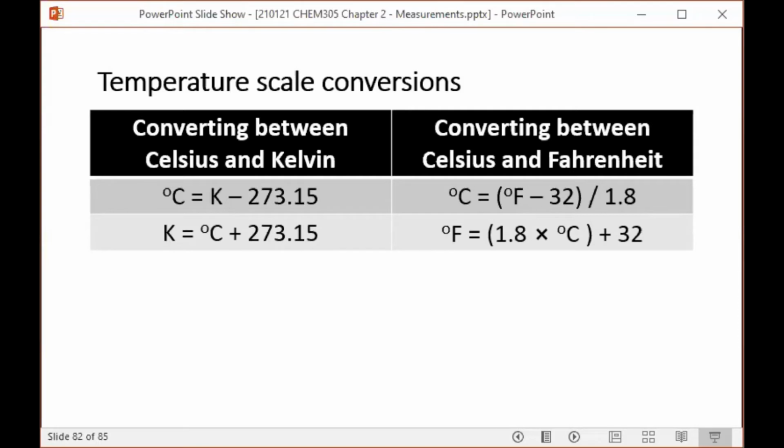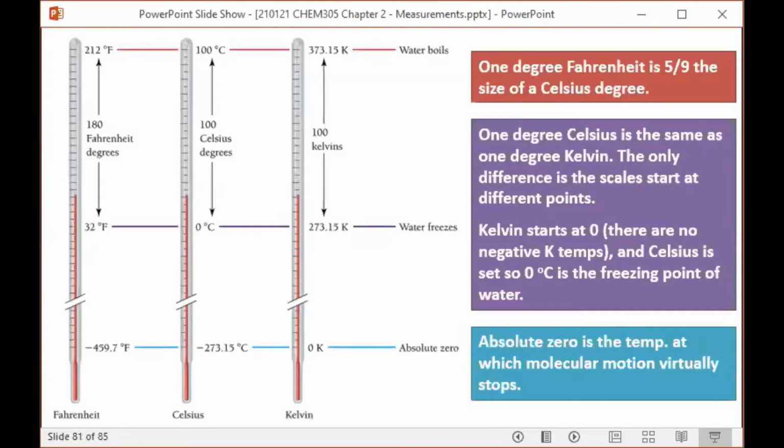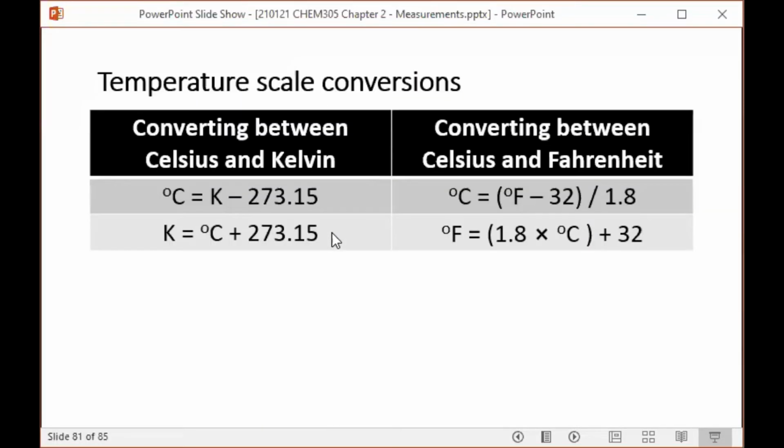Kelvin starts at 0 degrees Kelvin, absolute 0, and Celsius starts at negative 273, because 0 on the Celsius scale isn't where molecular motion stops. 0 on the Celsius scale is where water freezes. So the difference between those 2 points, between 0 on the Kelvin scale, absolute 0, and water freezing, 0 on the Celsius scale, is 273.15. So that's part of the conversion factor to go between Celsius and Kelvin.